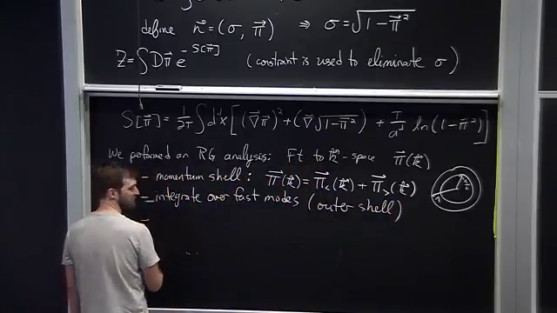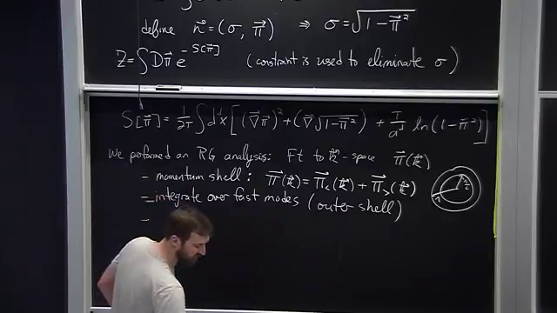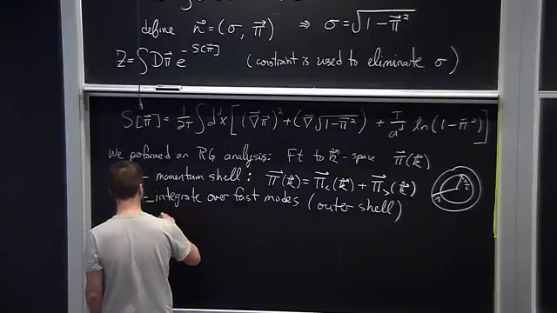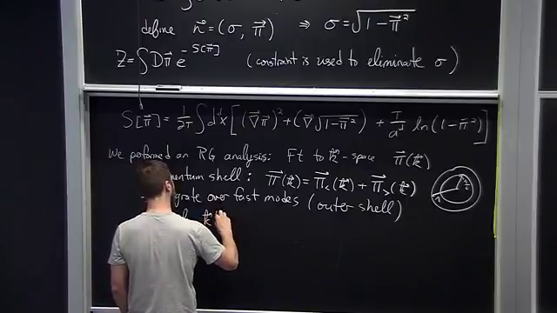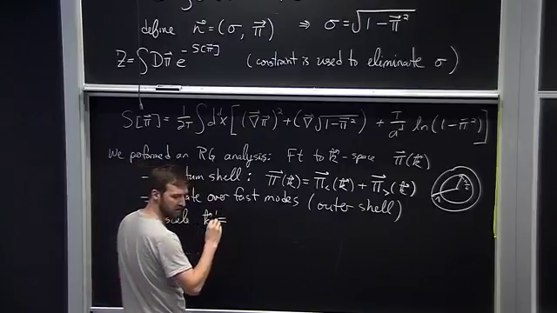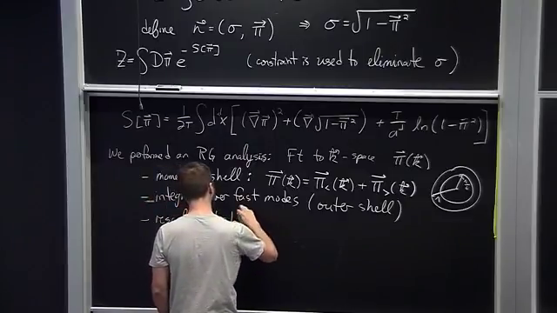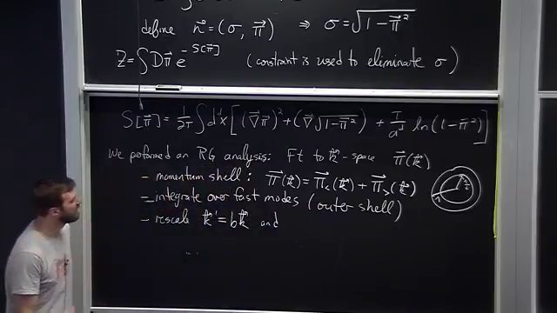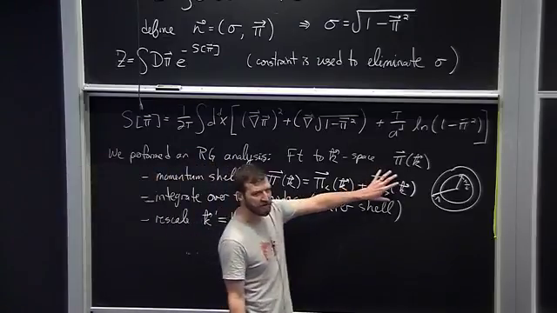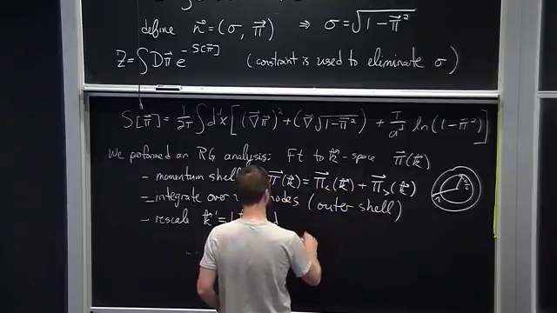Then we rescale and renormalize. So rescale. K prime is b K or K over b? b K. And we've integrated over all these fast modes. So what's left after the integration is the slow modes.